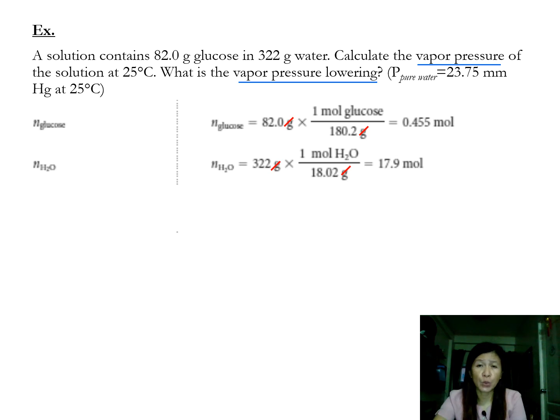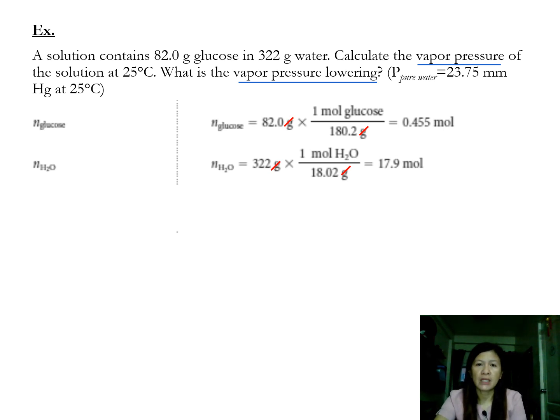So we substitute the given mass of glucose, 82 grams. We multiply by the conversion factor, taken from the equivalence between 1 mole of glucose and the molar mass of glucose, which is 1 mole over 180.2 grams. We cancel grams and then divide 82 by 180.2. We have 0.455 mole. So 82 grams of glucose is equivalent to 0.455 mole.